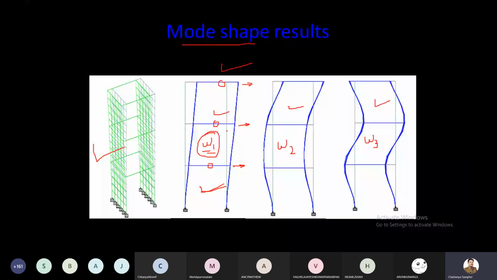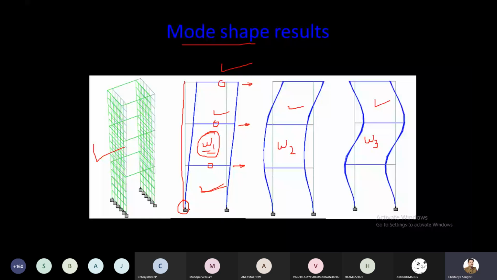This is the mode 1, and how will you identify mode 1? You see, this is the equilibrium position, right? This is the equilibrium position, and this is a deformed shape, so it is intersecting only once here, right? The equilibrium position and the deformed shape will only intersect at one point, so it is the first mode.